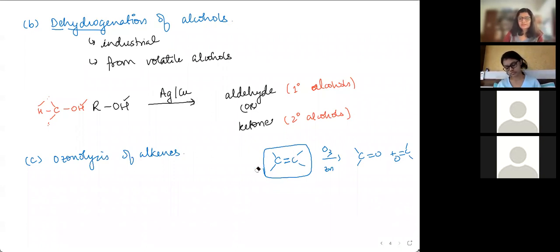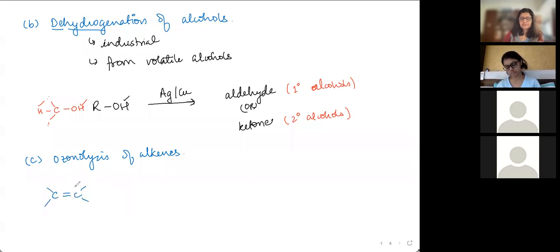I'll rewrite this, showing the entire mechanism. So you have C double bond C. What happens in ozonolysis is the focus on the double bond. The first step is adding ozone. You get a house kind of structure. These two remain the same, but here is one oxygen, and the second and third oxygens get added like this.